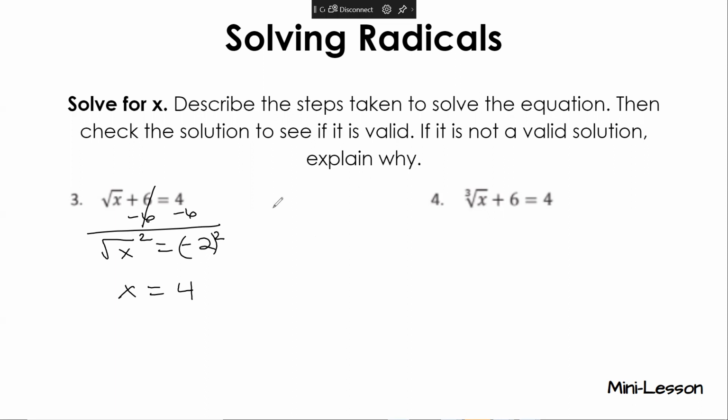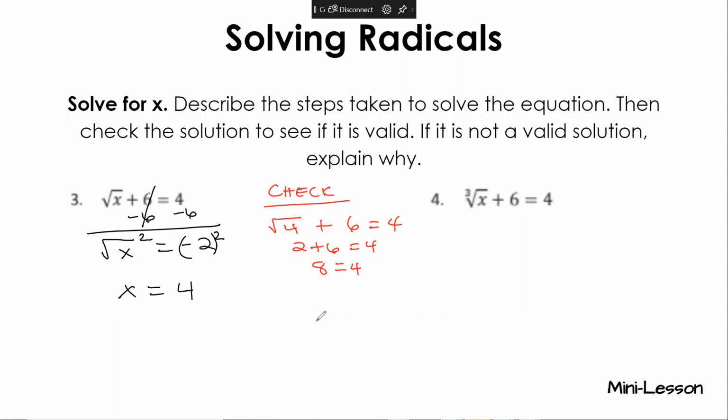Okay. So now we're going to check our work by rewriting the exact same original equation. And instead of writing x, we're going to write whatever number we just solved for. So 4. So what's the square root of 4? 2. 2 plus 6 would give me what?